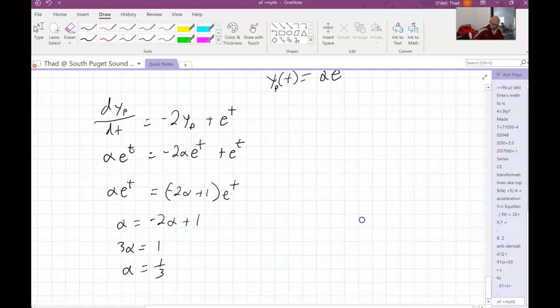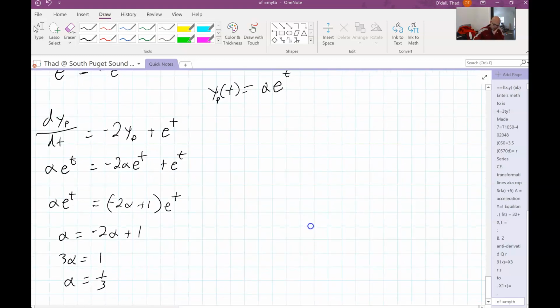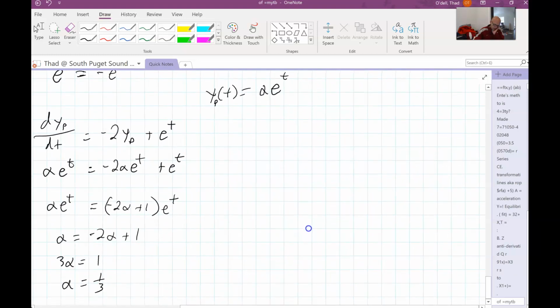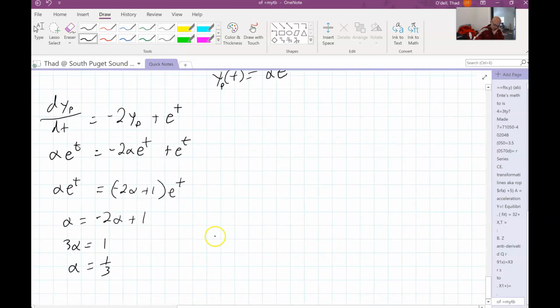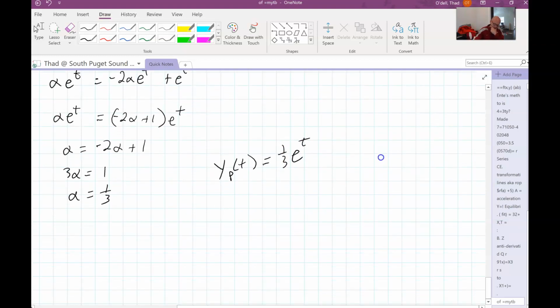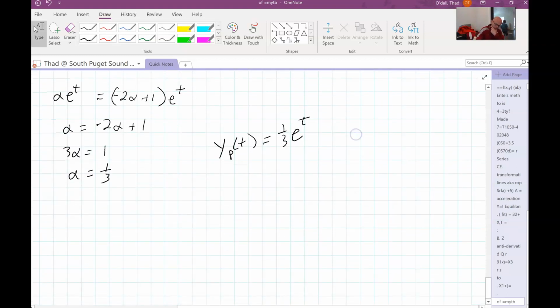Okay, so then we go back to our original guess and look what it was. Our original guess was alpha e to the t. So now our new guess, a particular solution to the non-homogeneous equation, is 1/3 e to the t. And you can check that and make sure it works. So now we've got to come up with our general solution.